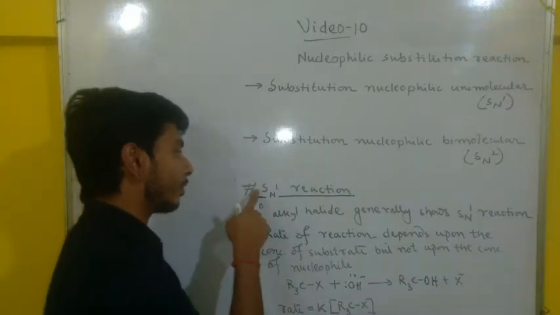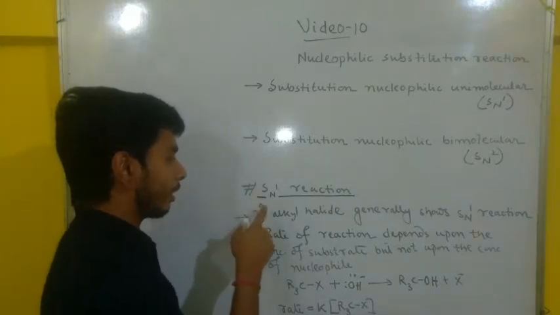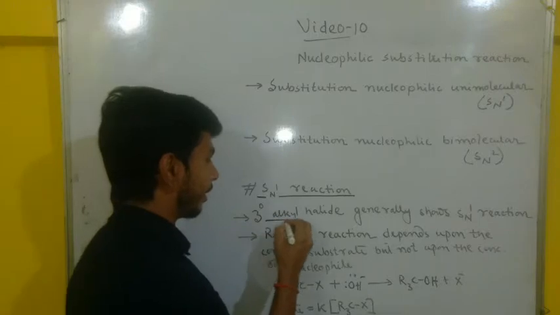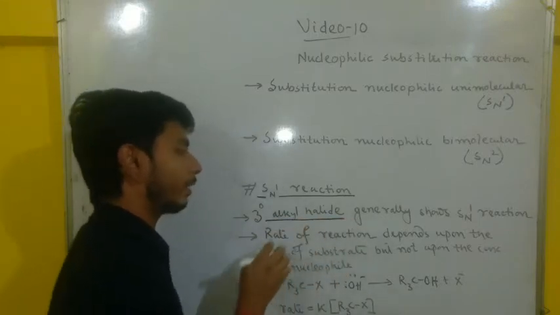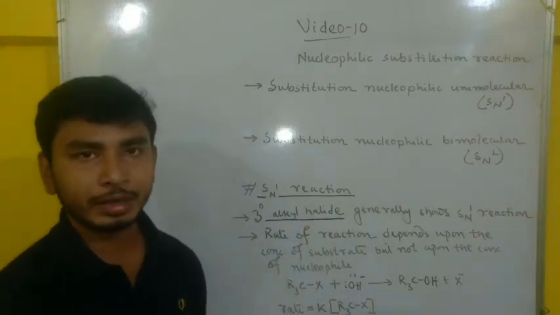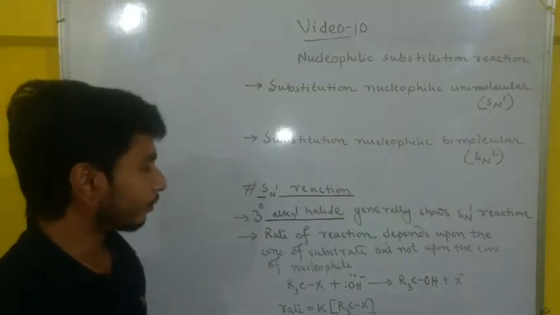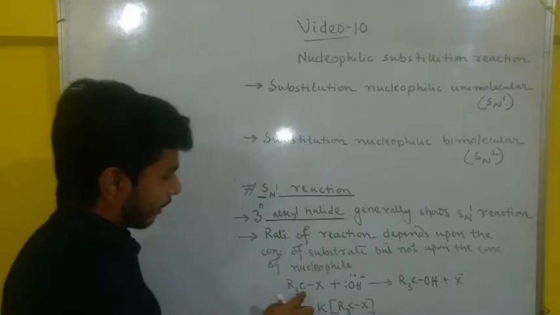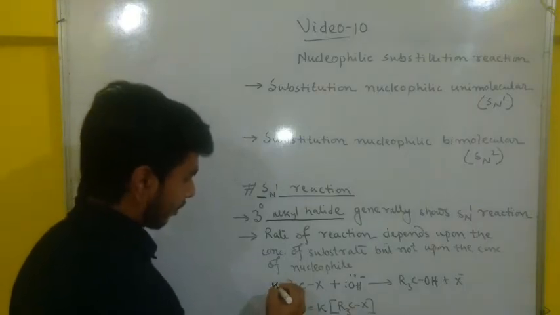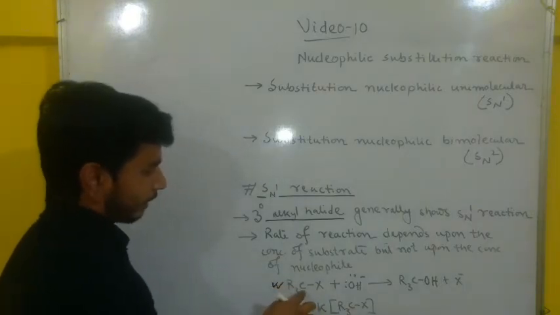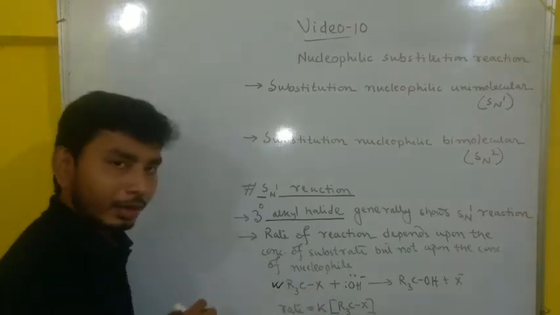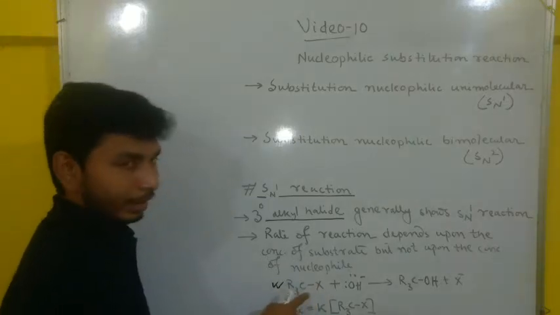Now this SN1 reaction is generally shown by 3-degree alkyl halide. Suppose it is this reaction, R3CX. This carbon is bonded with 3 alkyl groups, so it is a 3-degree alkyl halide.